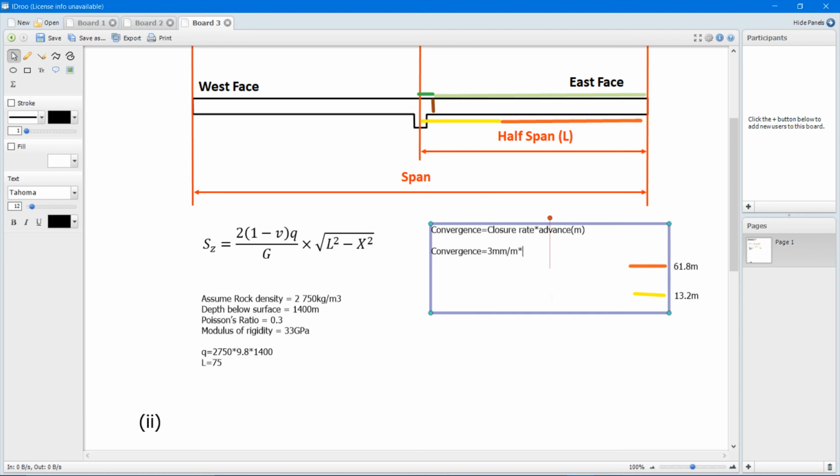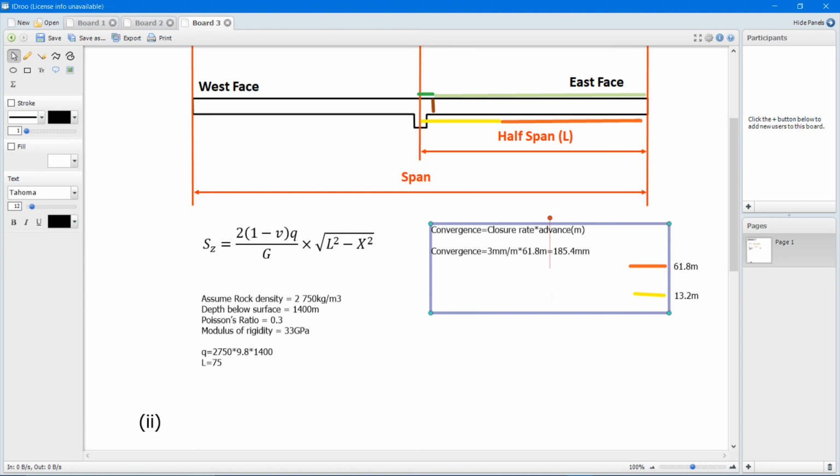Now that gives us a convergence of 3 times 61.8 in our calculator, 185.4, and that's millimeters.